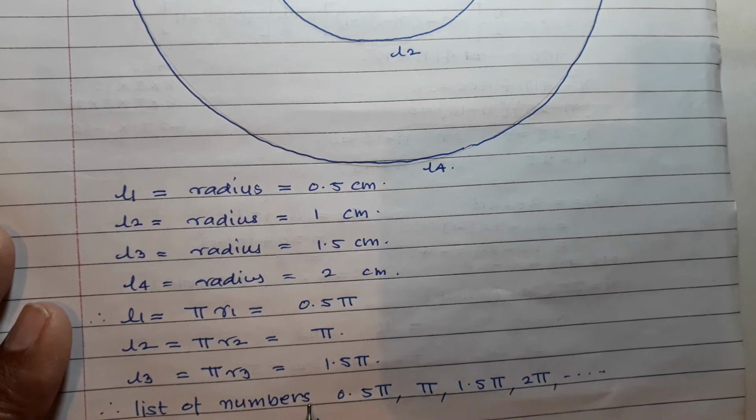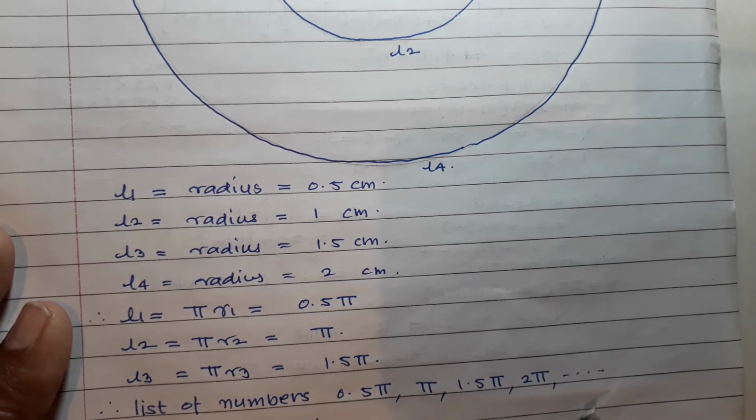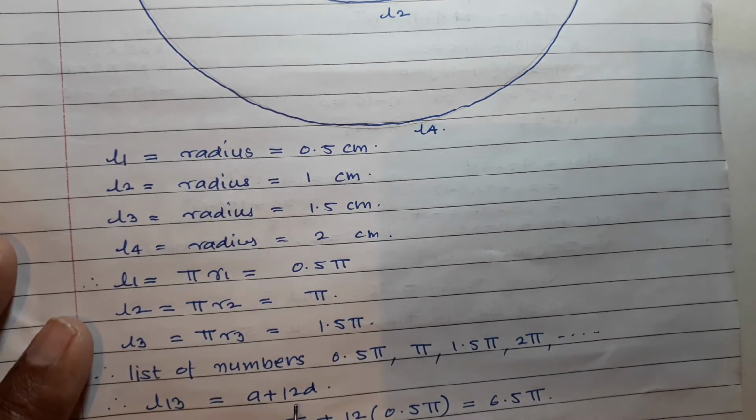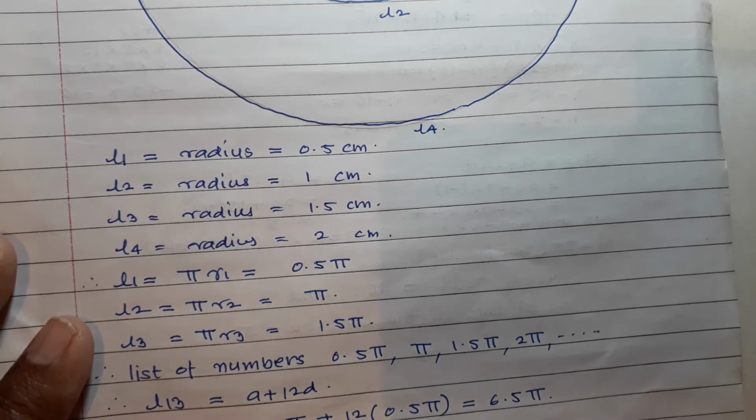So the list of numbers 0.5 pi, pi, 1.5 pi, 2 pi forms an AP. L13 is equal to a plus 12d, and therefore L13 is equal to 0.5 plus 12 into 0.5, times pi, which gives you 6.5 pi.